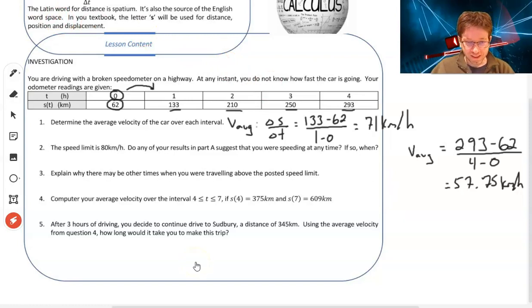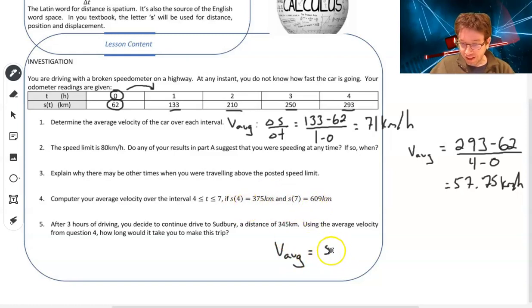All right, so part 4 says to compute your average velocity over this interval, so now from 4 to 7 hours, if the value of our function at 4 is 375 and at 7 is 609. Okay, so I'm going to do this down here so I have some room. So this is average again because it's over a time interval. It's not at one instant in time.